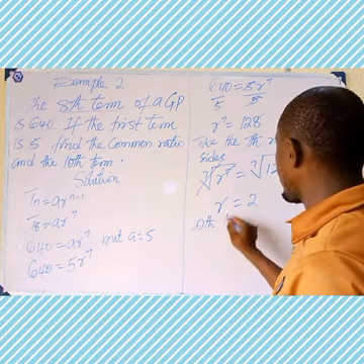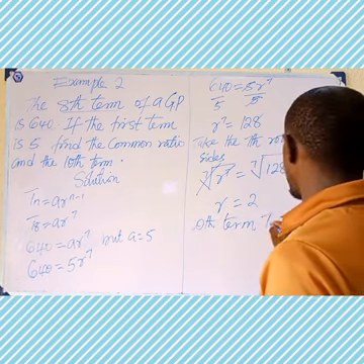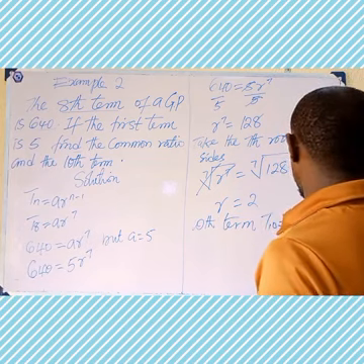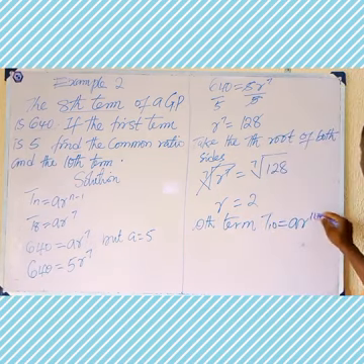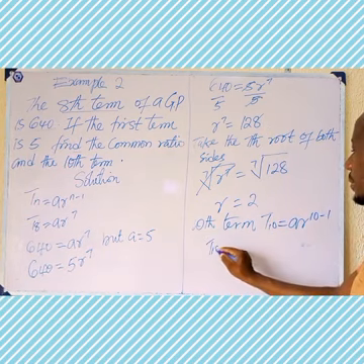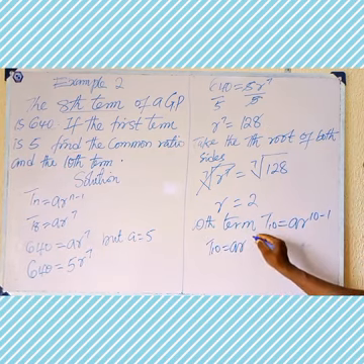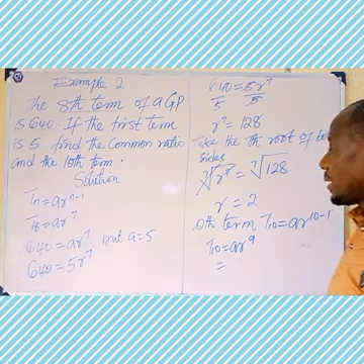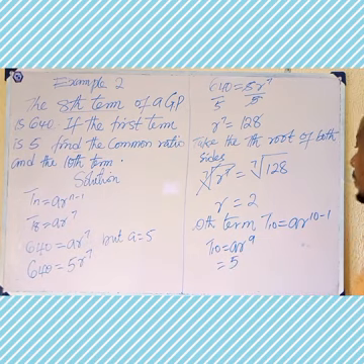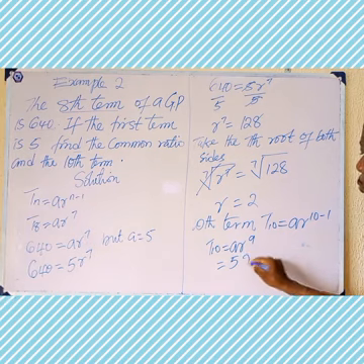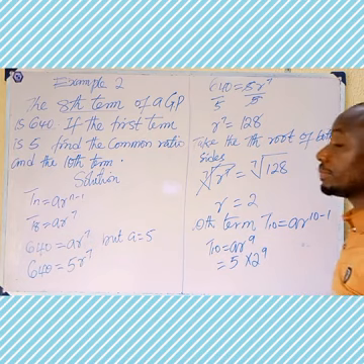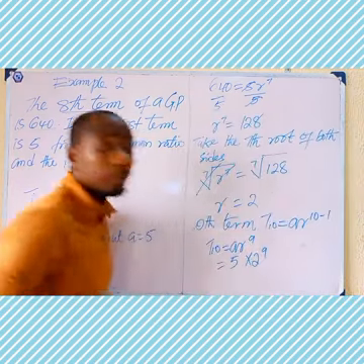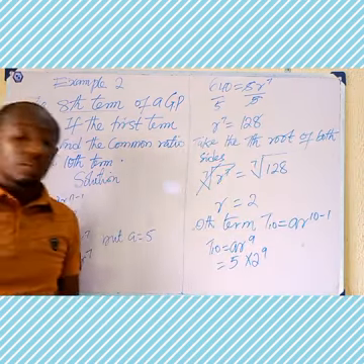10th term, T10 is equal to ar raised to the power 10 minus 1. So T10 is equal to ar raised to the power 9, right? So this will give us our a is 5, our r is 2, so 5 times 2 raised to the power 9, right? Okay, now 2 raised to the power 9 will give us 512.